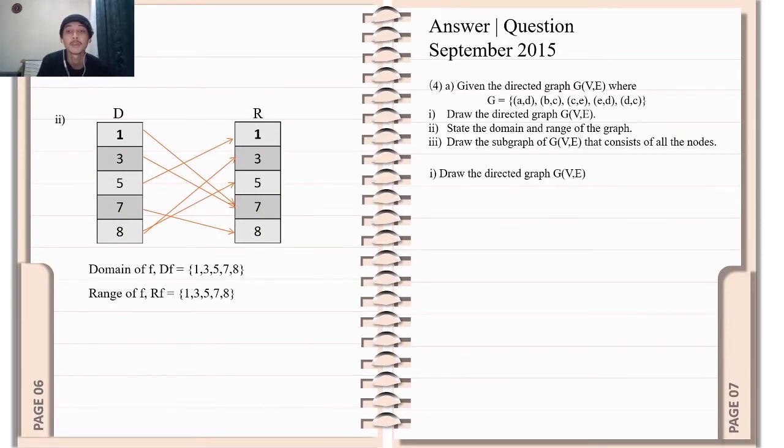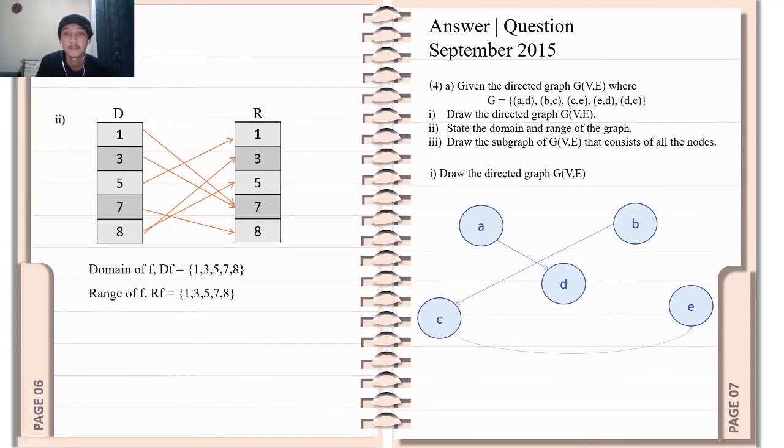First, draw all the vertices that are in the elements: A, D, B, C, and E. And then we draw the arrows to represent the elements: AD, BC, CE, ED, and DC.